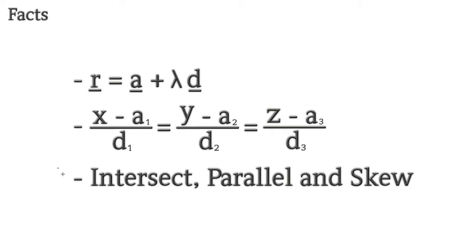And it's important to know that two lines in 3D can have three different formations. They can either intersect, they can be parallel to each other, or they can be skew from each other, where the skew form is way more abundant than either intersection or parallel.